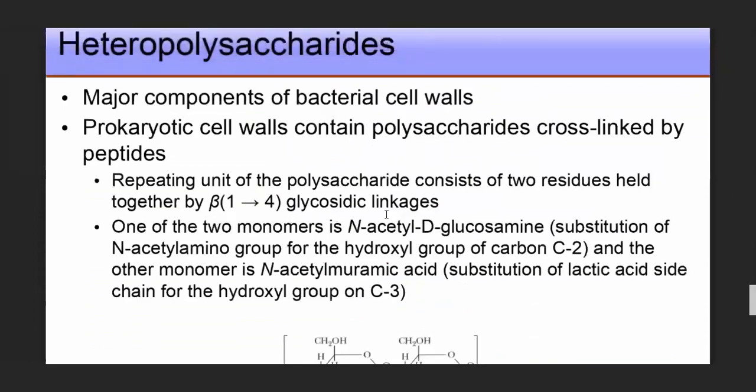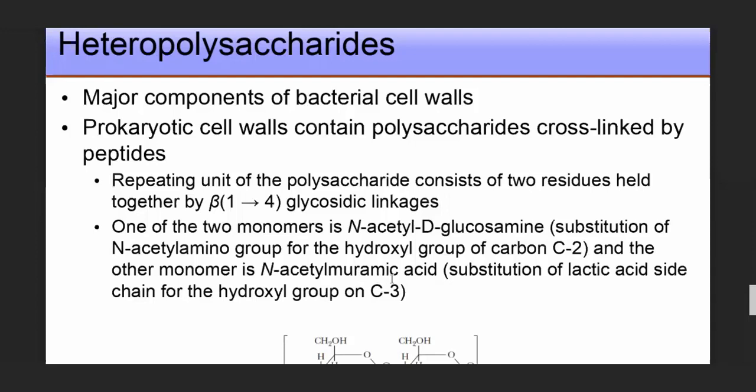You see? One of the two monomers is N-acetyl D-glucosamine. Here, you notice the substitution of a lactic acid side chain for the hydroxyl group, as I said, on carbon 3. And the other one is N-acetylmuramic acid.